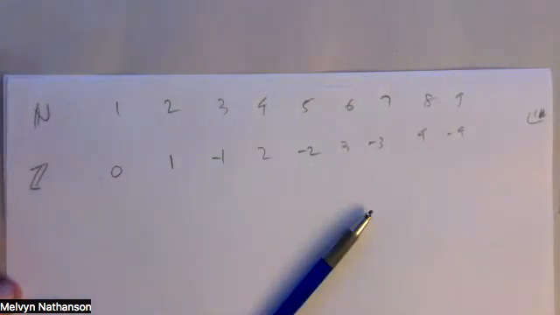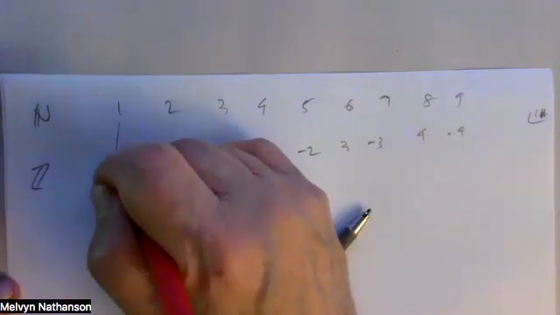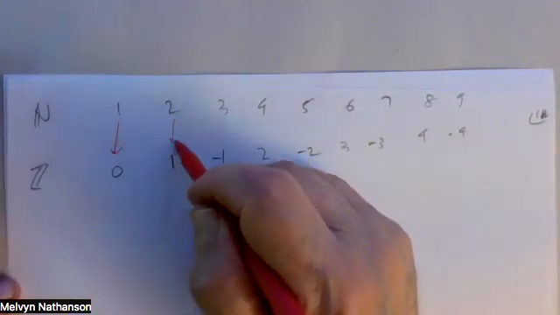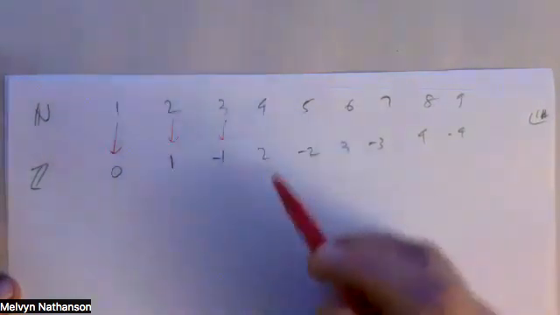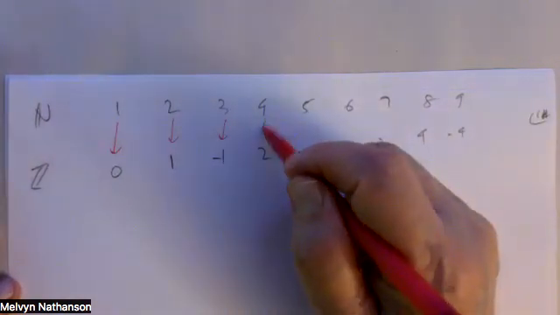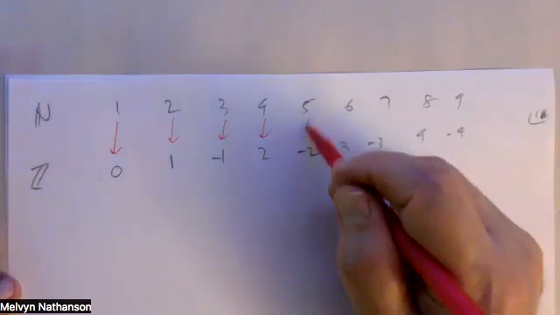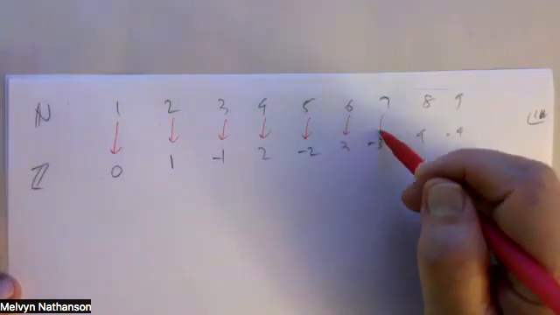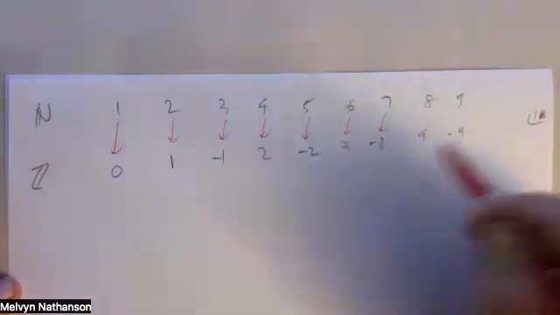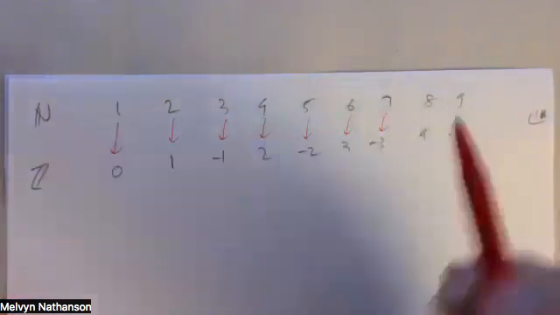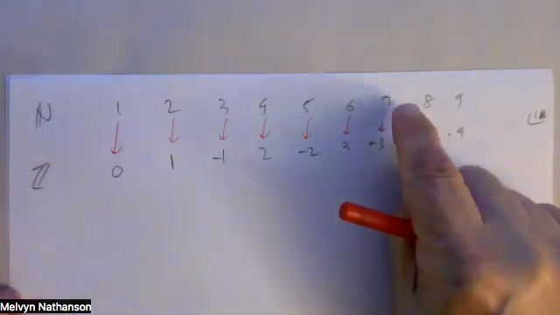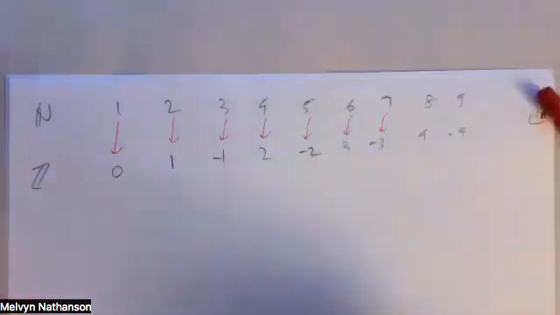So the correspondence is going to send the number 1 to 0, number 2 to 1, 3 to minus 1, 4 to 2, 5 to minus 2, 6 to 3, 7 to minus 3, and it's pretty clear. Keep on doing this. This is a one-to-one correspondence between the positive integers and all the integers.